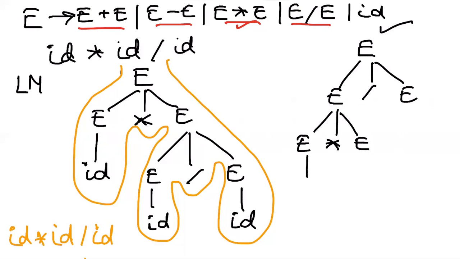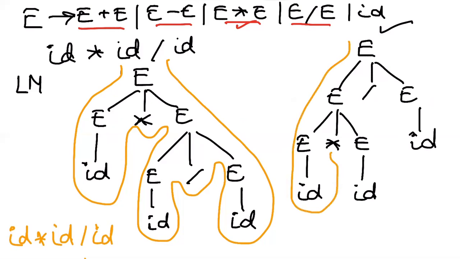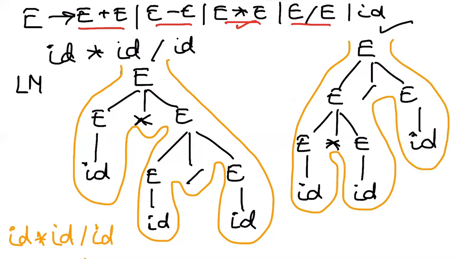Then I expand this ID, then I expand this ID, and then I expand this ID. Okay. So you can see now, again, if we traverse this tree, you'll find the yield is the same, that is ID into ID divided by ID.